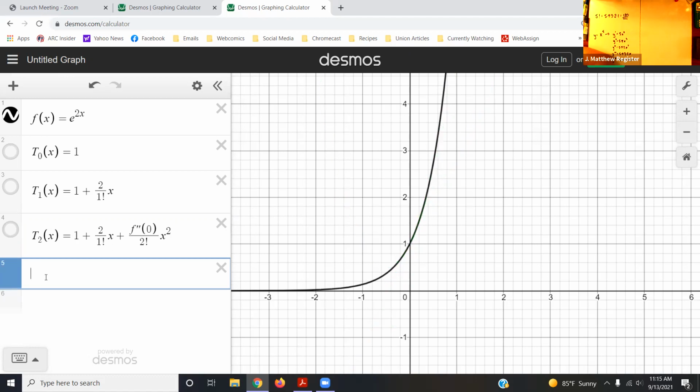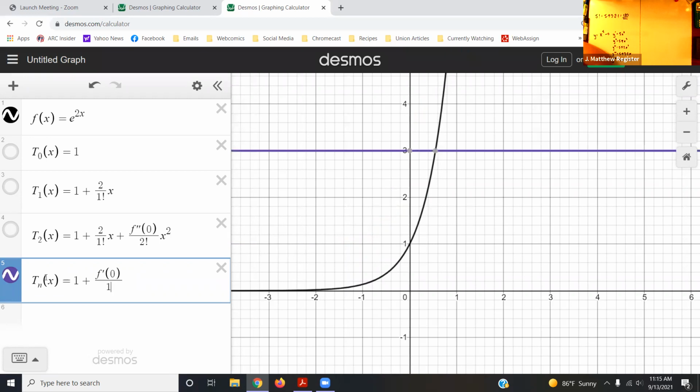And so let's just say t sub n of x, because I don't know how far we'll go out with this one. We'll start with the 1 plus f prime of 0 over 1 factorial x plus f double prime of 0 over 2 factorial x squared.